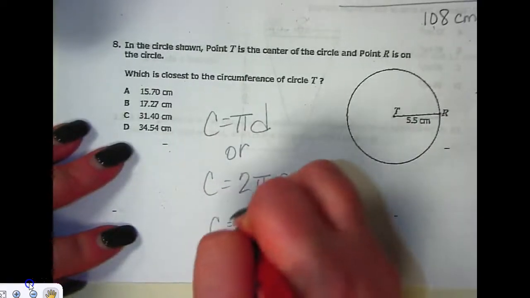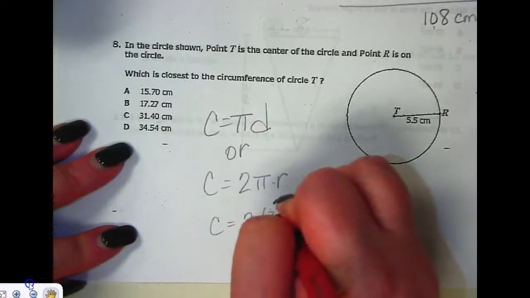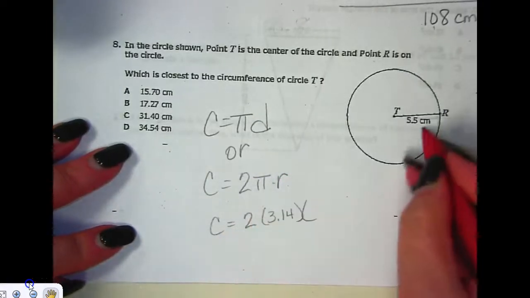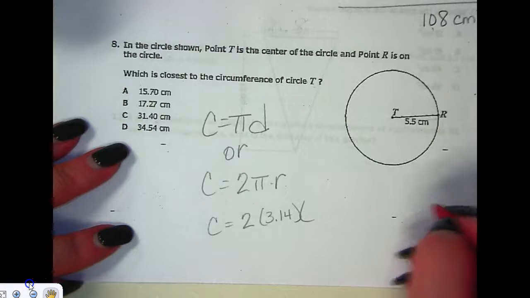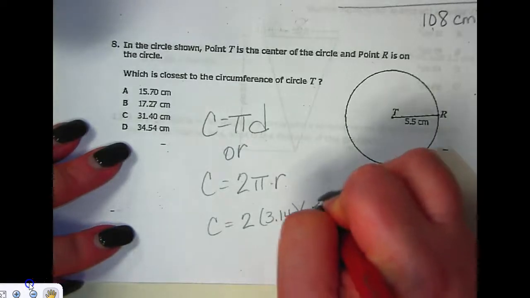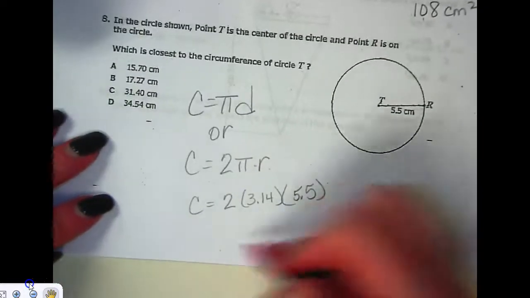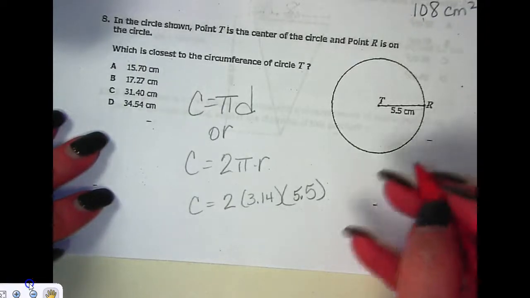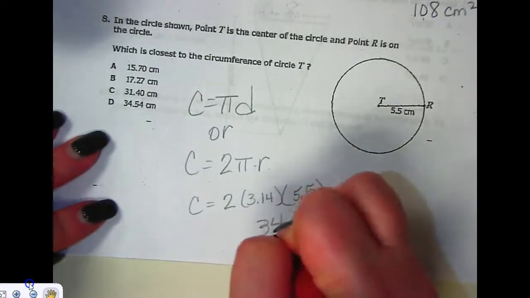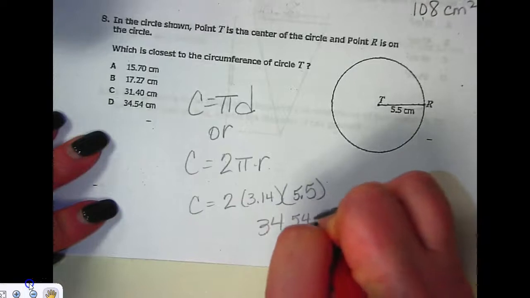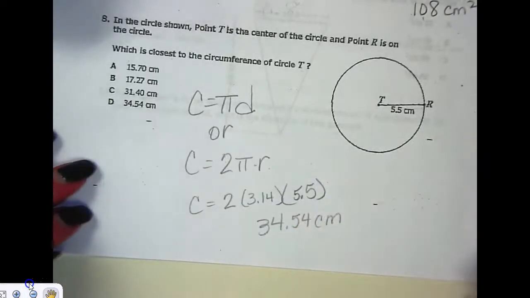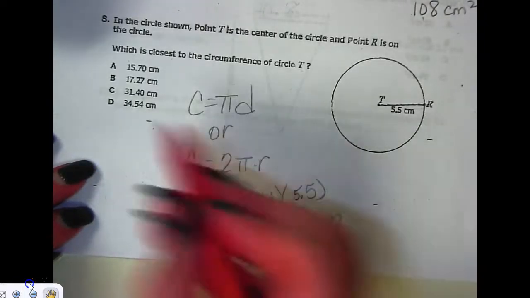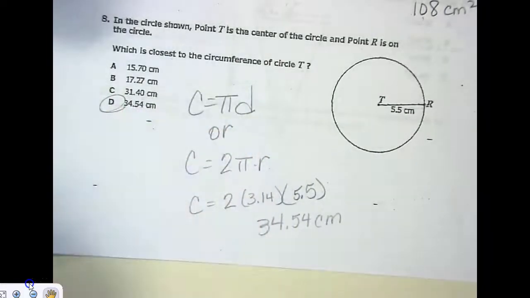Circumference equals 2 times 3.14 times the radius, and the radius is 5.5. And when you multiply that, what do you get? 34.54 centimeters. So your answer is D.